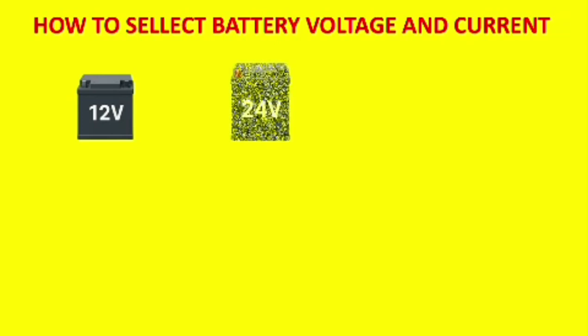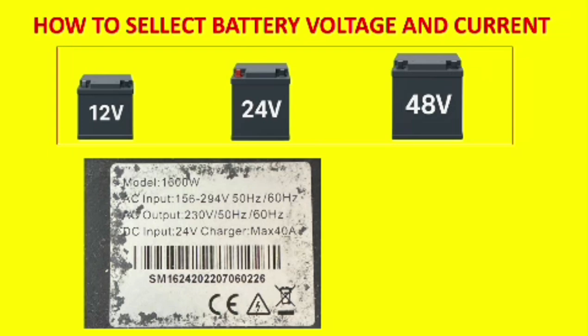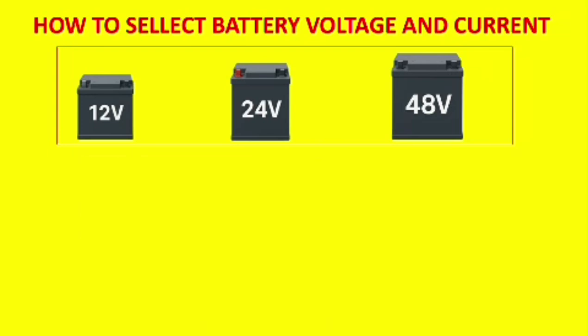Batteries come with different voltages and different ampere hours, but usually battery voltages are 12 volt, 24 volt and 48 volt. When we choose one from here, you need to read your inverter datasheet, and it shows what the battery voltage should be.